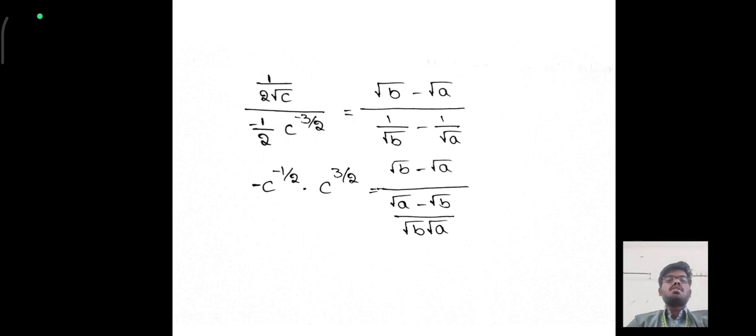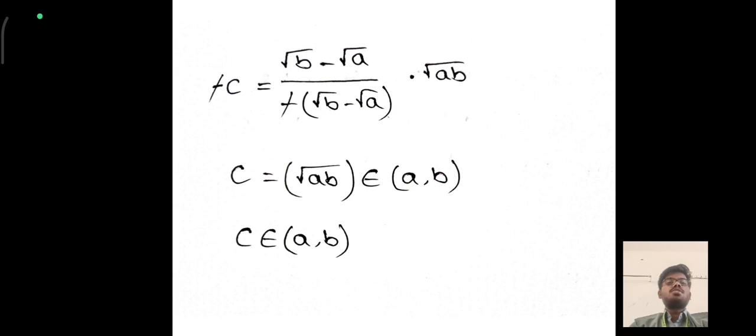Minus c whole power minus 1 by 2 into c power 3 by 2 is equal to root a minus root b, whole by minus 1, by root a minus root b, whole divided by root b minus root a.